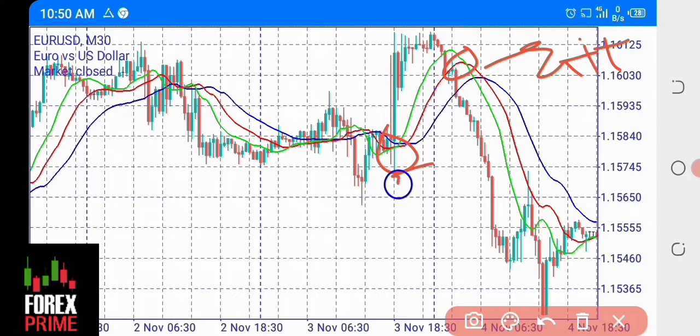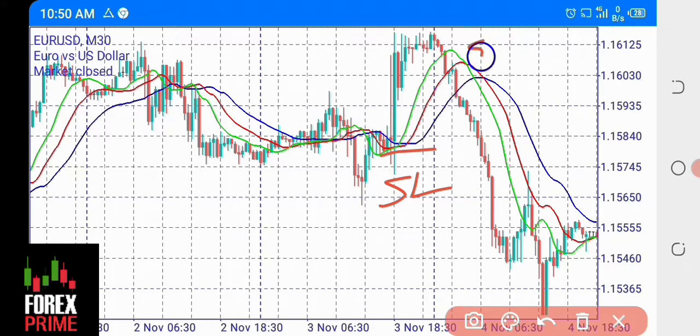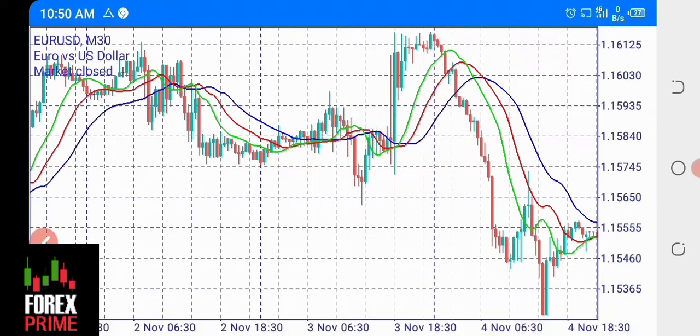Here becomes our entry. Now remember, here, you are supposed to put your stop loss here. I didn't talk about stop loss. Here becomes your exit. So remember that when you take your entry, there must be a stop loss below. So let's take note of that.